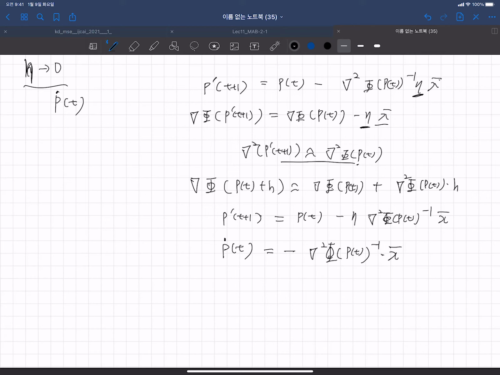Okay, so this is one interesting factor. Our update rule is adjusted by the inverse Hessian every time. Right. Then there is another very interesting factor.